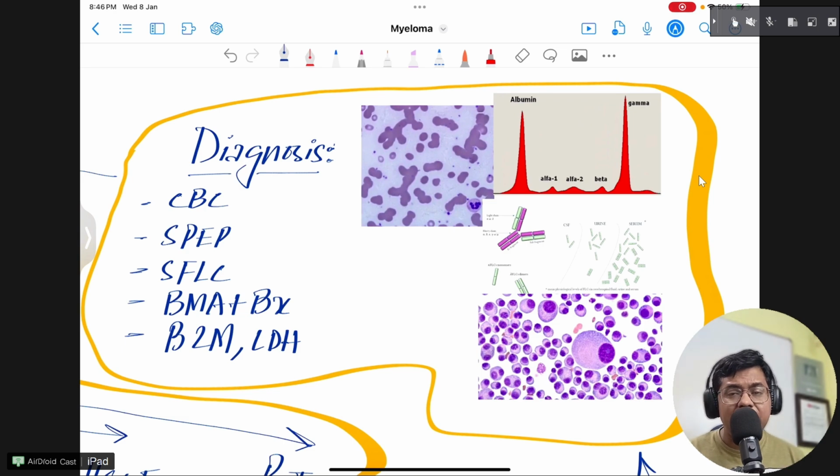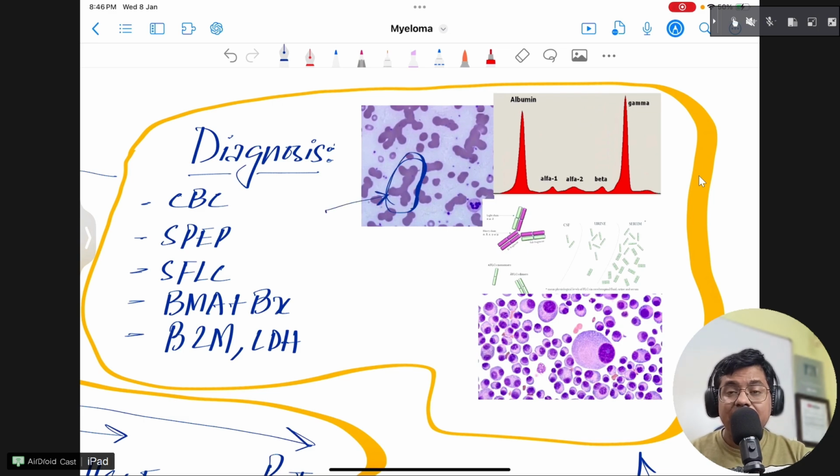These antibodies can be a full antibody, containing two FAB and one FC, or it may be a single light chain also. And these abnormal antibodies make the blood thick, and that can result in rouleau formation, that is seen over here. There is a stack of coin appearance.